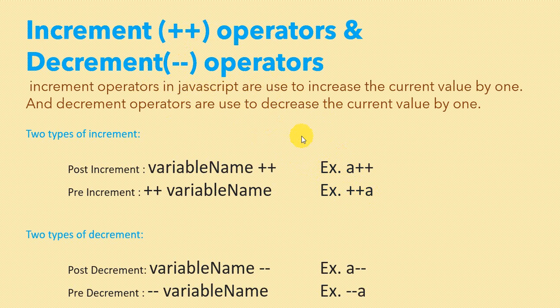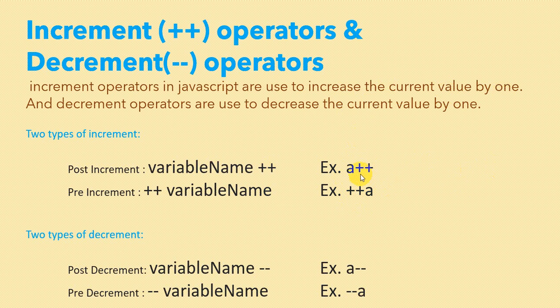Okay, for example, here if you notice, I have written a plus plus, and in the second line I have written plus plus a. So if this operator is used after the operand, after the name of the variable, what is the a here? A works as an operand, or a is nothing but a variable name.